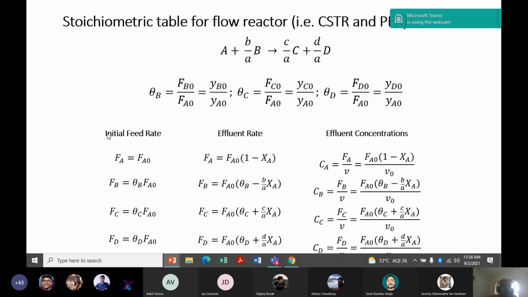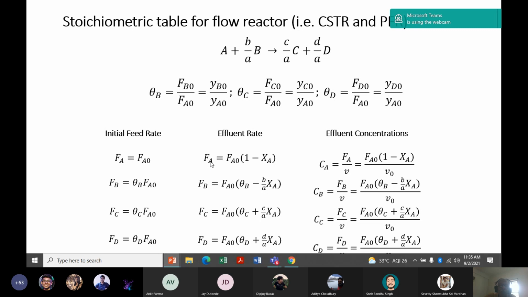Then we construct the stoichiometric table for the initial feed rate. These are the species molar flow rates, and FB is also written as theta B multiplied by FA0, theta C multiplied by FA0, theta D multiplied by FA0. And what is the effluent rate?